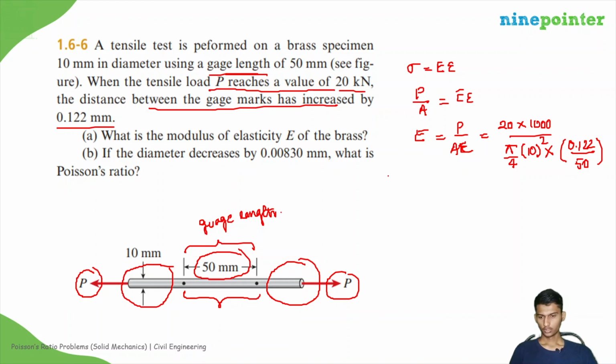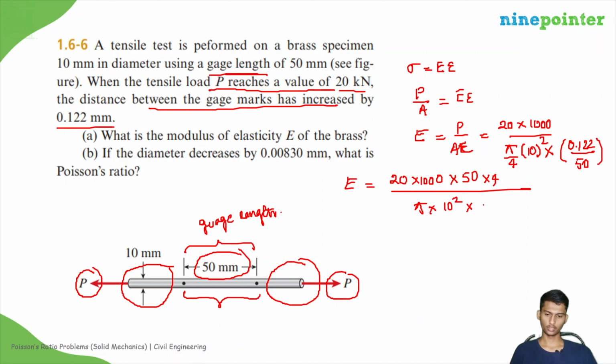Okay. So E will be 20 into 1000 into 50 into 4 divided by pi into 10 square into 0.122. So let us calculate 20 into 1000 into 50 into 4 divided by 3.14 divided by 100 divided by 0.122. So we got E is equal to 104,416.